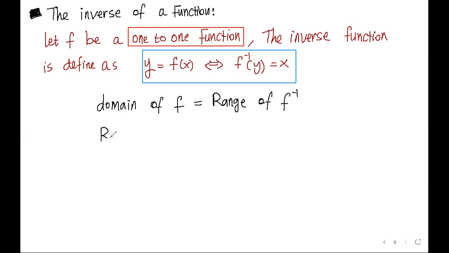And the range of the function f is the same as the domain of the f inverse. These are the two most important things we have to know, the domain and the range.